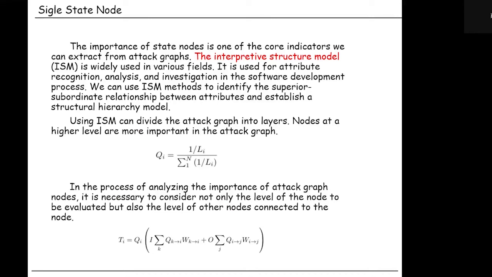We can use ISM methods to identify the superior and subordinate relationships between attributes and establish a structural hierarchy model. Using ISM can divide the attack graph into layers. Nodes in a higher layer are more important in the attack graph. We determine the importance of each layer according to the formula.